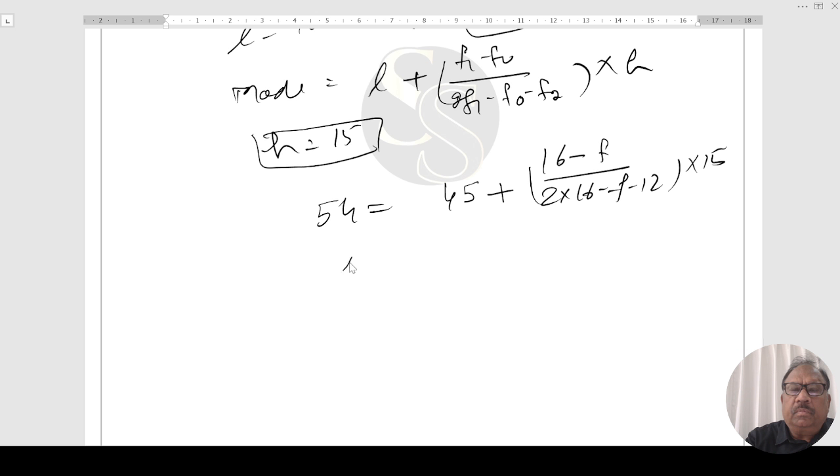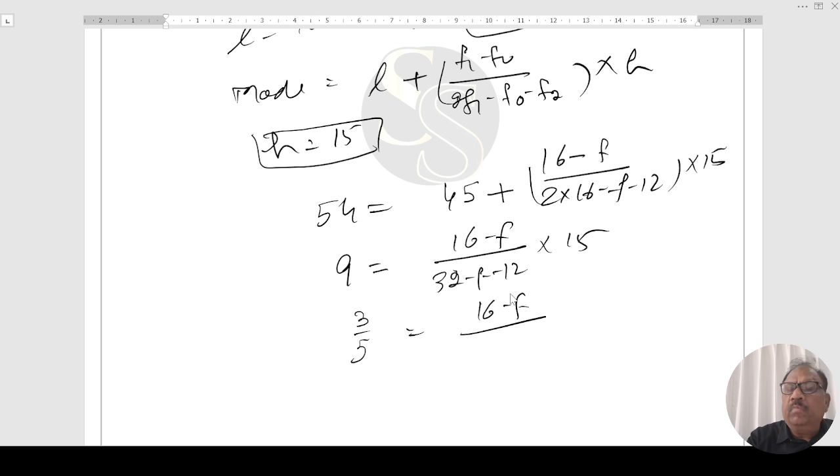9 equal to 16 minus f upon 32 minus f minus 12, into 15. On simplification, this comes out to be 3 by 5 equal to 16 minus f upon 20 minus f. On cross multiplication, 80 minus 3f equal to 60 minus 5f.